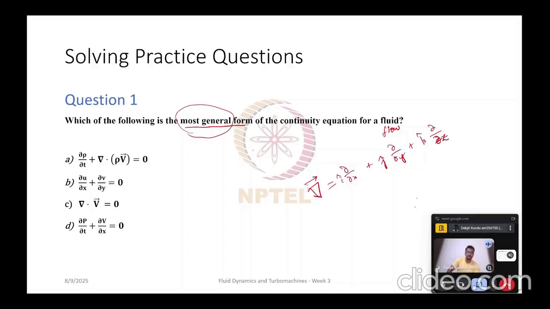So this is the divergence operator which operates on the vector inside it.